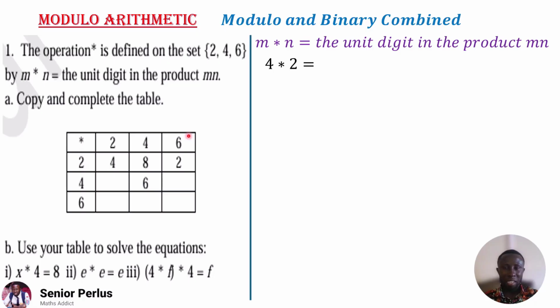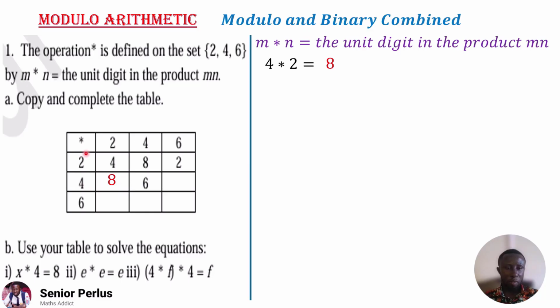So it means that it is the unit digit of the product of mn. So it means that 4 times 2 is 8. Good. And the unit digit is 8. So that's the answer, 8. Then here is 8. Good.